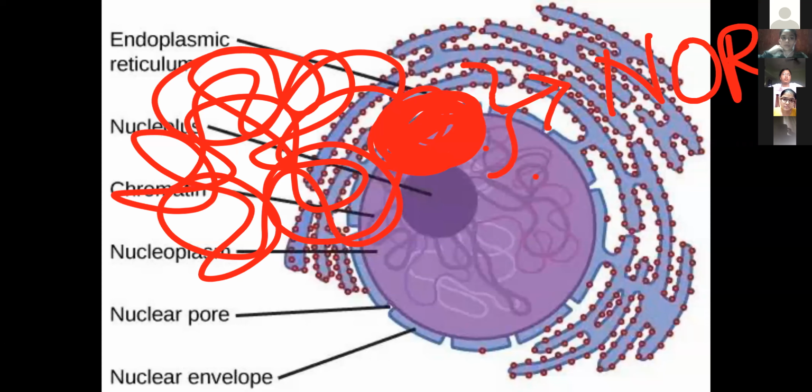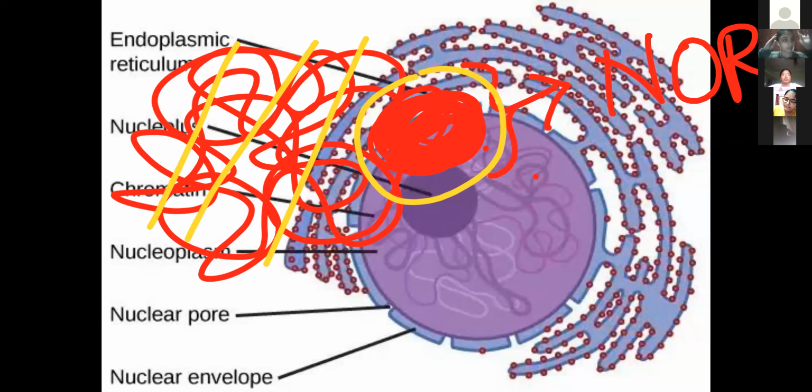Remember, inside the nucleus, a thread-like chromatin network is present. In this chromatin network, some part becomes very much denser. तो आप देखो ये part जो है, this much part is lighter, but this part is denser in appearance. So this region of chromatin we call NOR.